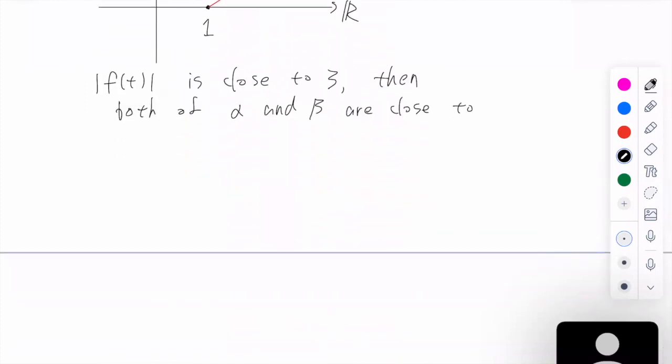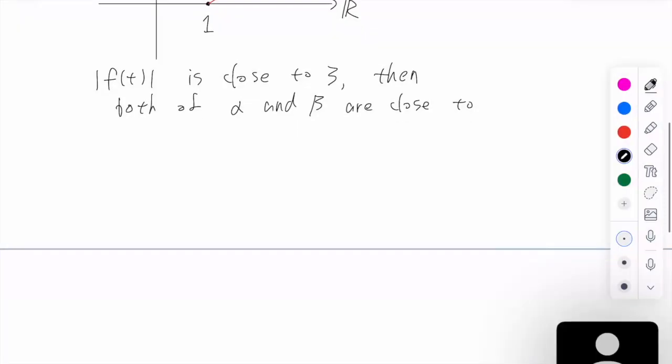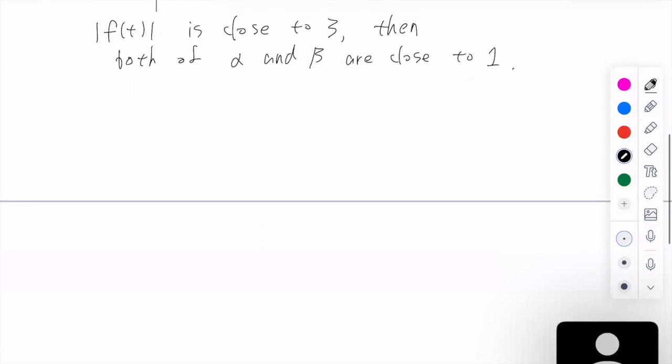So both of these quantities are close to 1. And we can give a rigorous proof of this as well. Suppose otherwise.